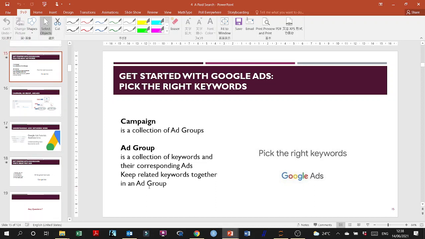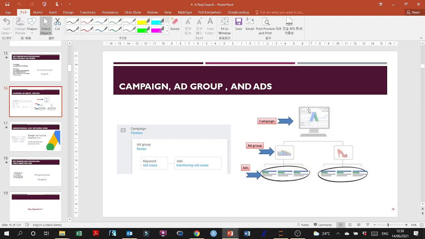Which strategy you're going to follow to organize your ad groups. So you have different ad groups under each campaign. If this is a campaign, you will have different ad groups. Ad groups are not necessarily organized, in an e-commerce store, based on the categories of your website.